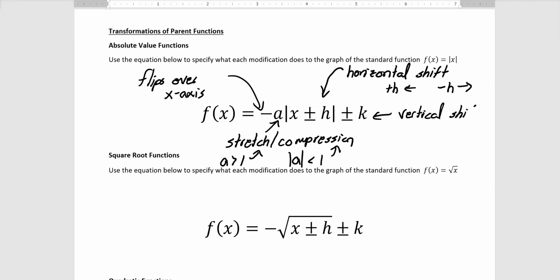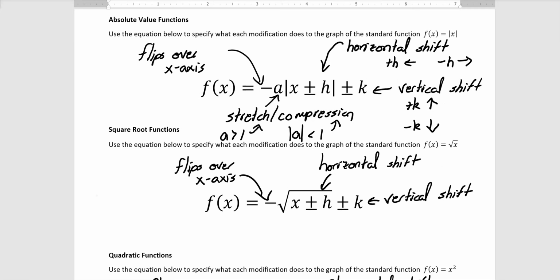If we add K, that moves it up. If we subtract K, that moves it down. And these transformations, the flip, the stretch or compression, the horizontal shift, and the vertical shift, are the same for every parent function. So let's go ahead and run through that real quick.